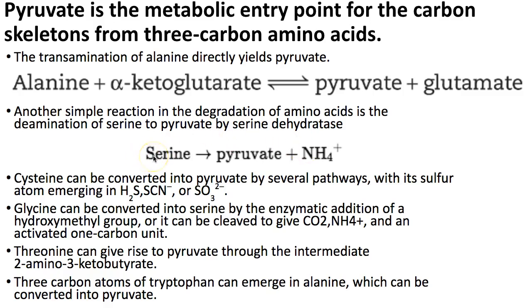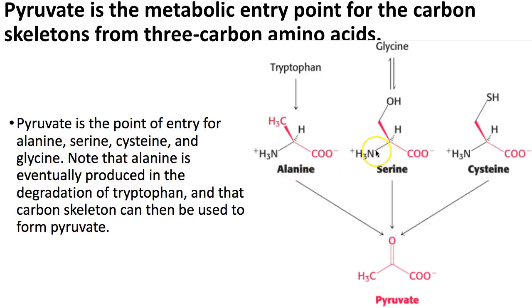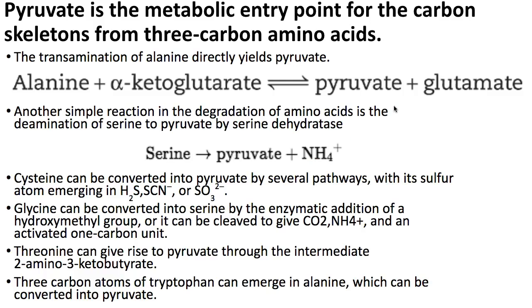So it's pretty much a release of the amino group, and also a release of the hydroxyl group. This can happen in several pathways, so there's not a single path. But just note that the carbon structure from the serine amino acid can be used to make pyruvate. And also remember that glycine can be converted to serine, and from there to pyruvate.